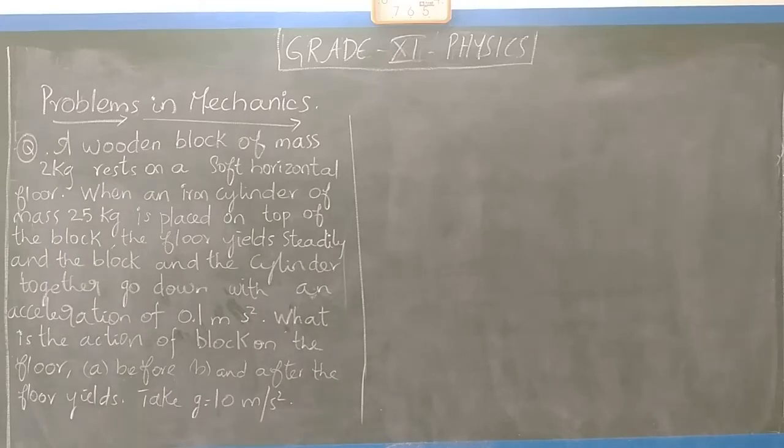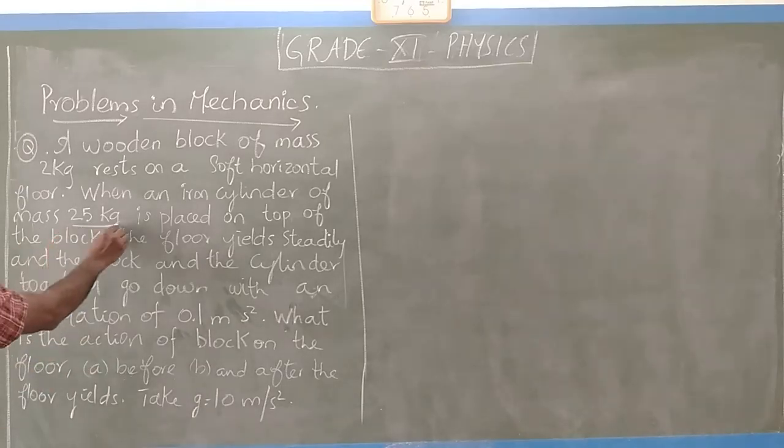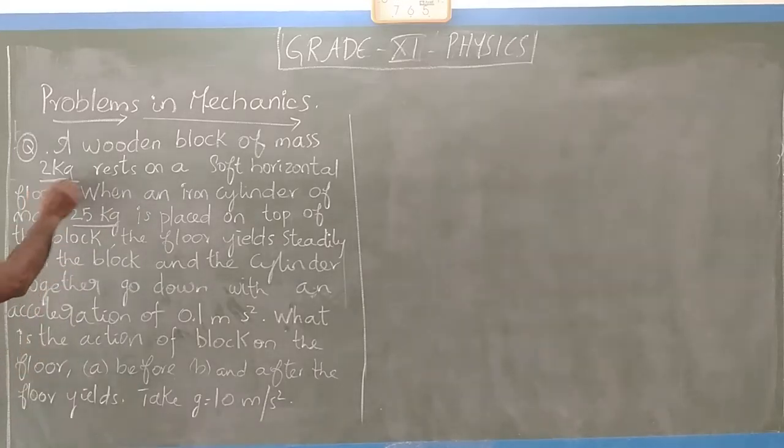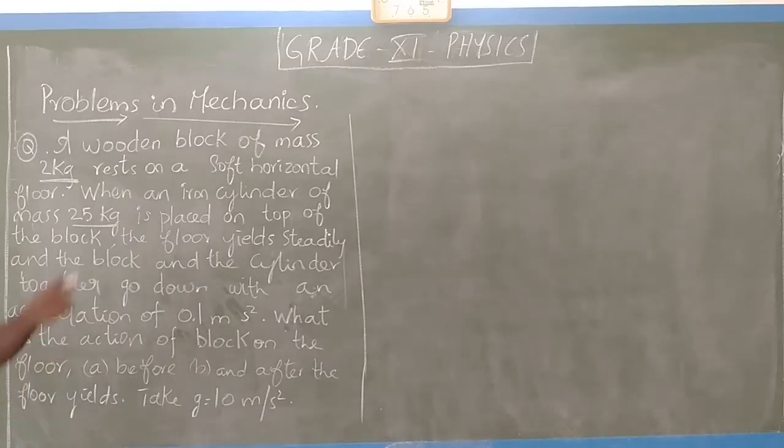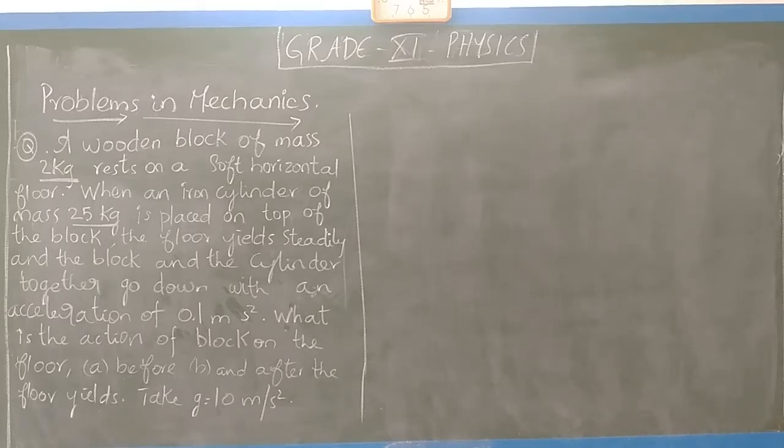Listen carefully. A wooden block of mass M of 2 kg rests on a soft horizontal floor. When an iron cylinder of mass 25 kg is placed on top of the block, the floor yields steadily and the block and the cylinder together go down with an acceleration of 0.1 meter per second square.